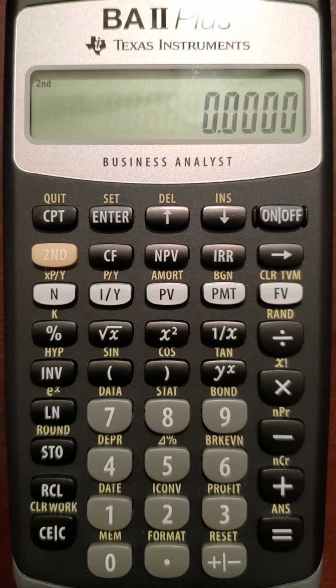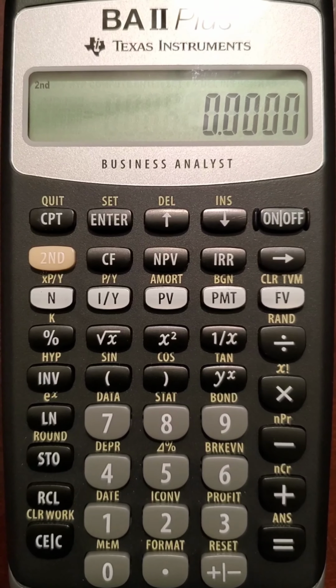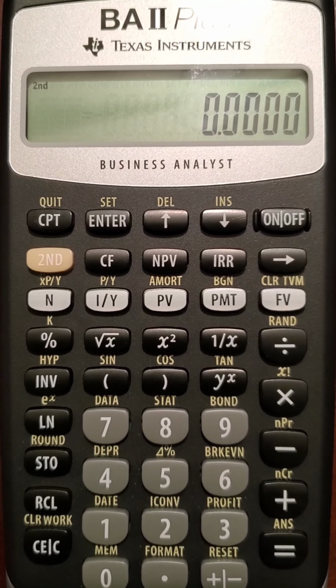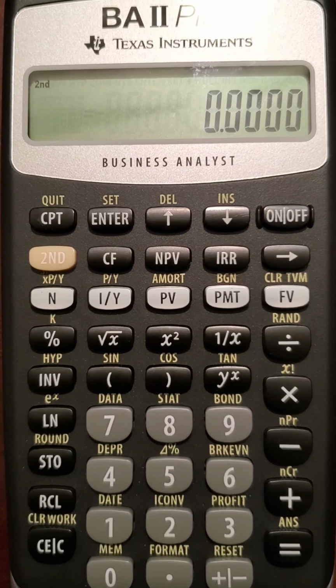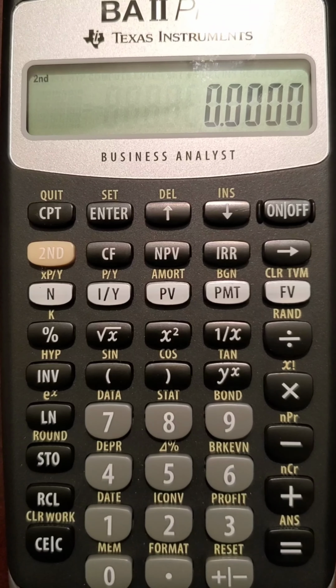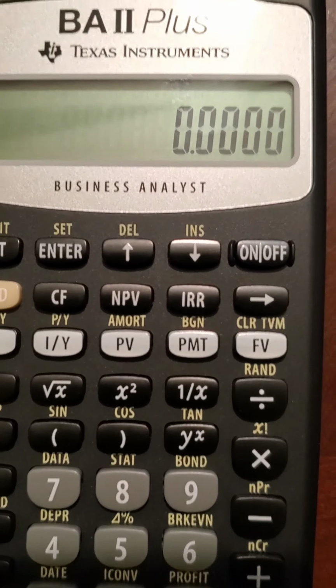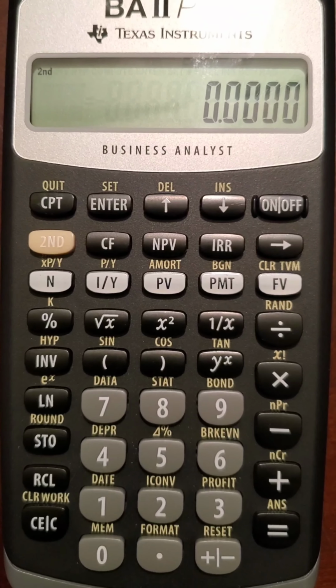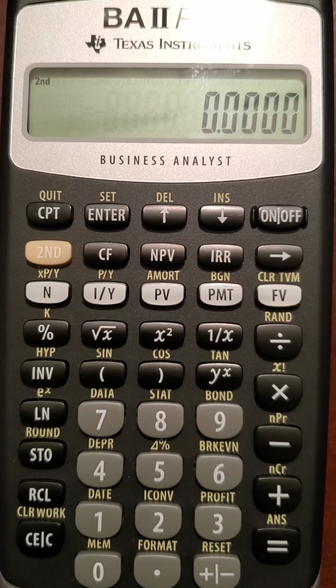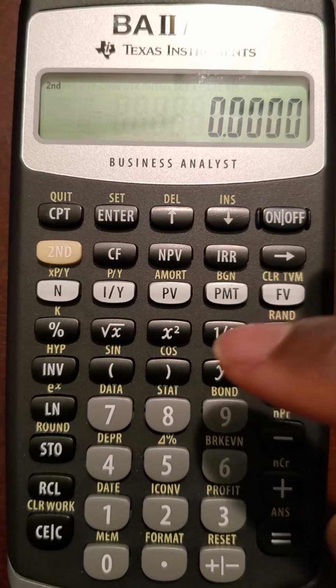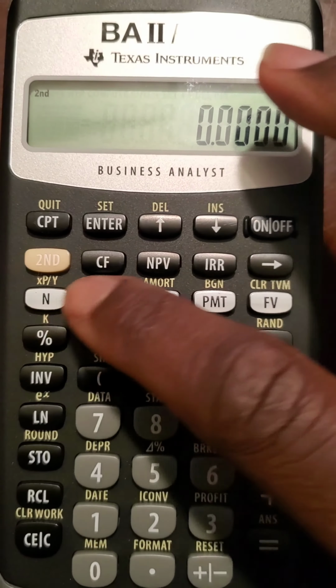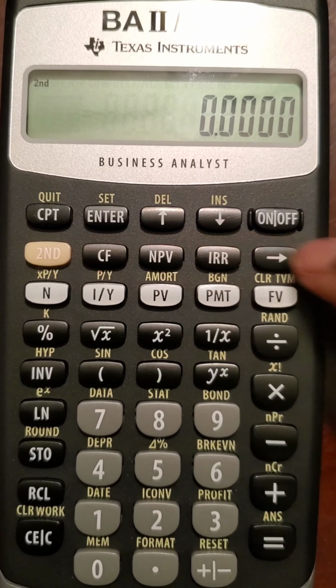So we're going to use our calculator's cash flow register, since it's an uneven cash flow. We're going to use the Texas Instruments BA II Plus calculator, and we're going to use the uneven cash flow register function. So we're not going to be using these keys. We're going to be using these.